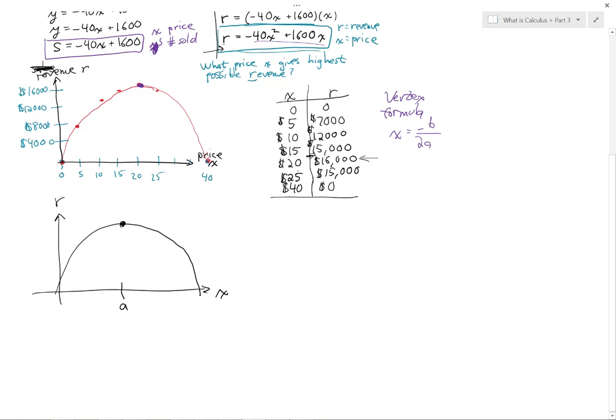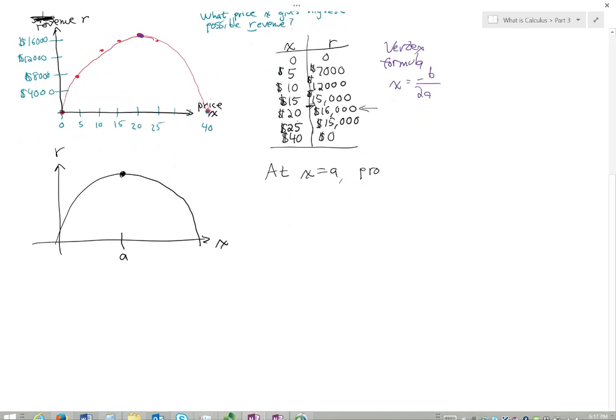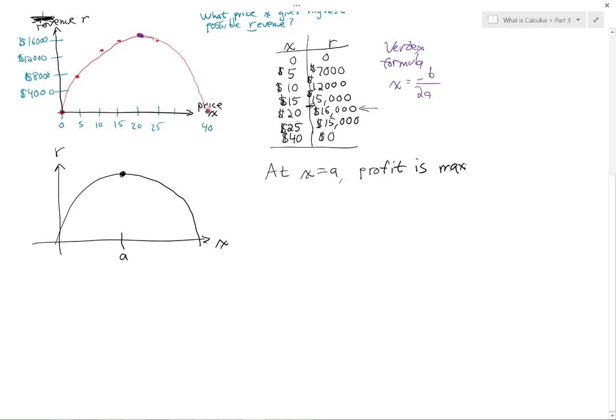And we're going to say that at x equals a, profit is maximized. So, given that, this is the question we have to ask.